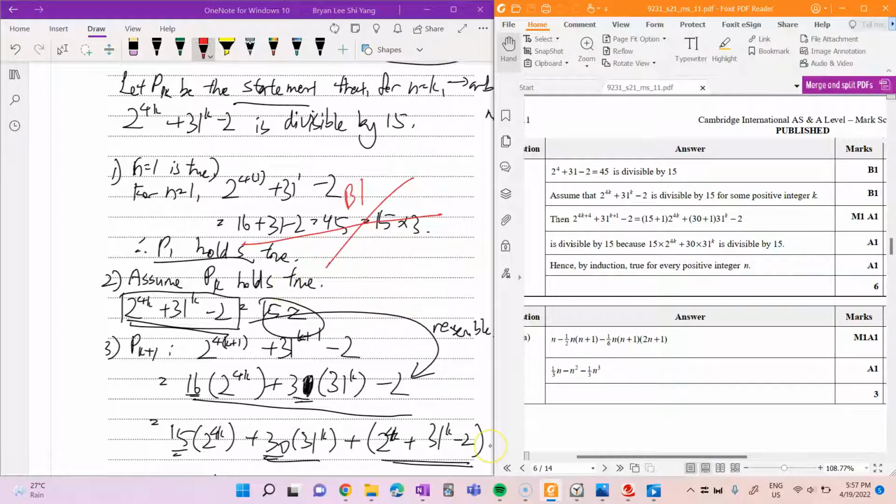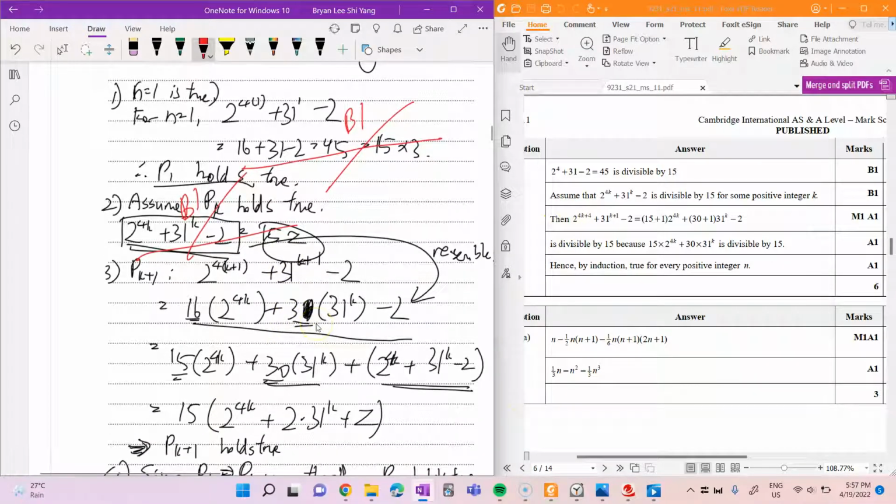So assume this is true, and I saw this, so I can give myself another B1. Now, 2 to the 4k plus 4 power, I've written something like this outside, so M1, and then I see this. I won't give M1, A1 here, I just mark it because it's correct.